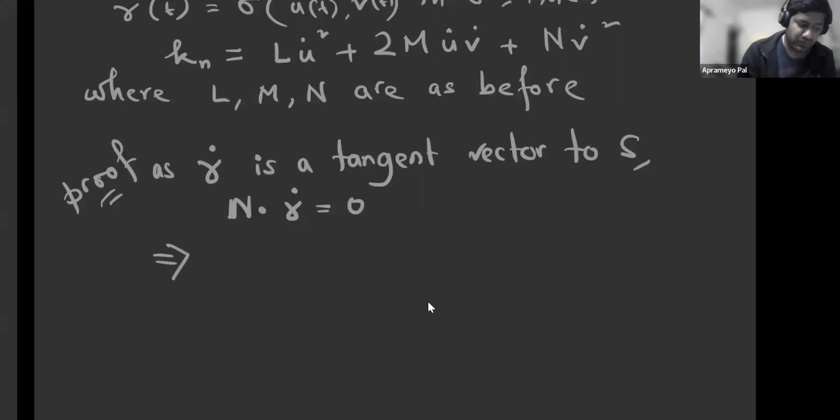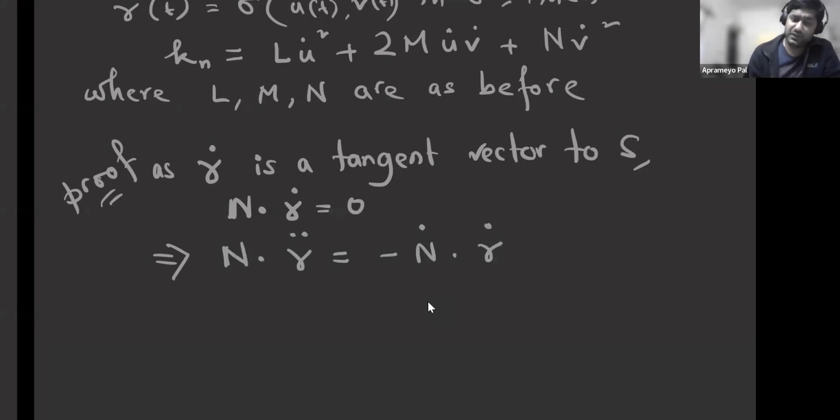If you differentiate this by the chain rule, then you get n dot gamma double dot is nothing but minus n dot gamma dot.